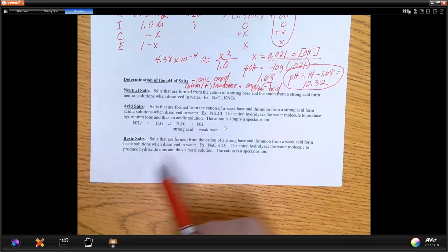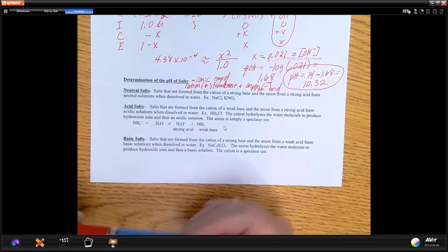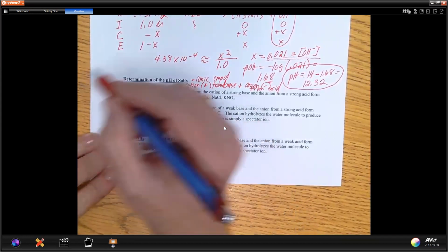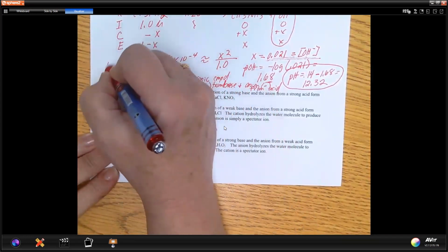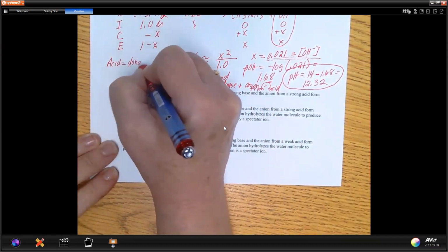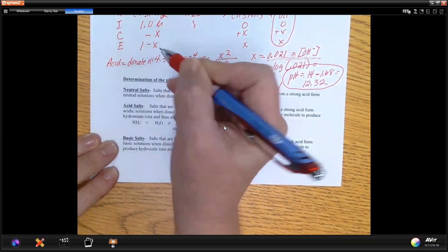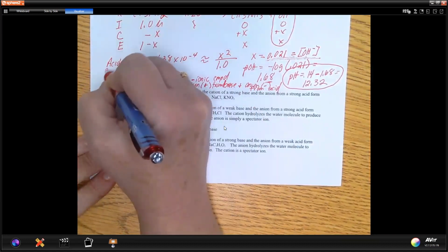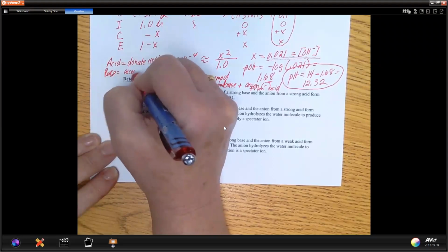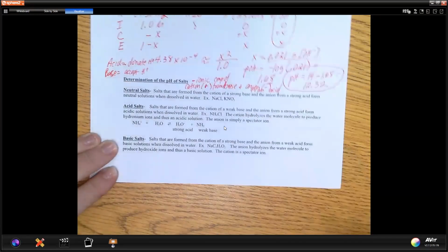Sometimes I struggle a little bit with this part, maybe explaining it more than actually doing the problems. And just remember, we're going to be using the Bronsted-Lowry definition. So that means that an acid is going to donate an H plus and a base will accept that H plus.